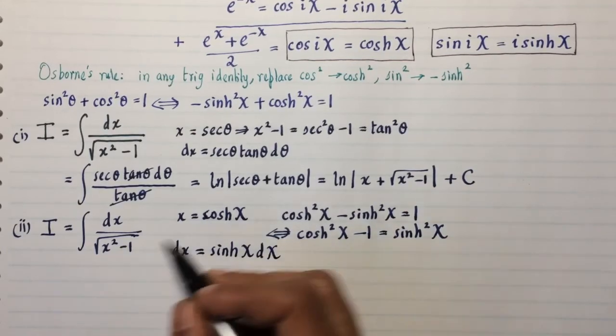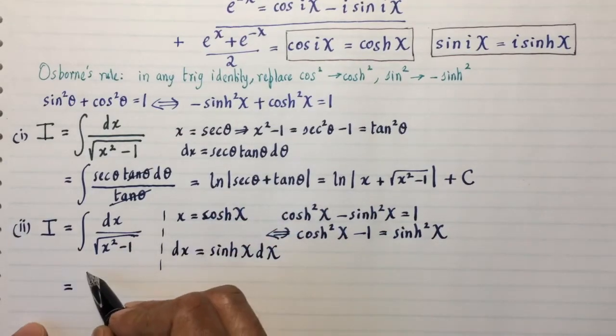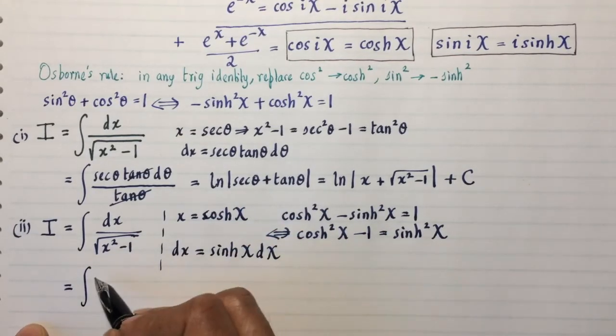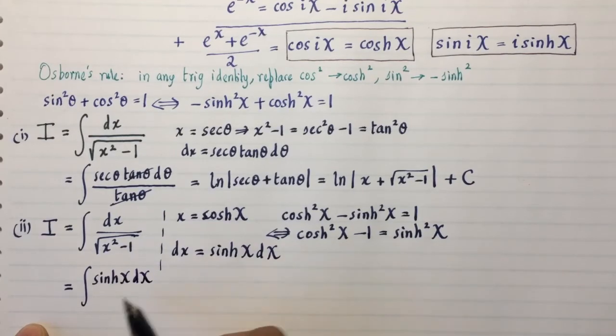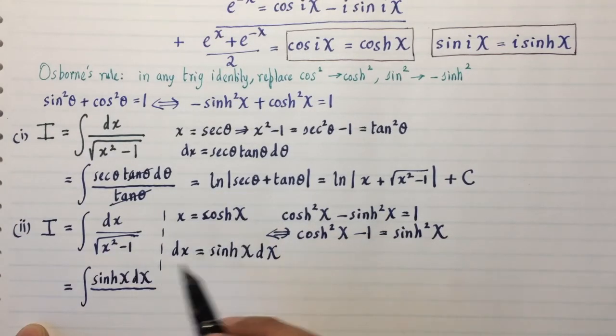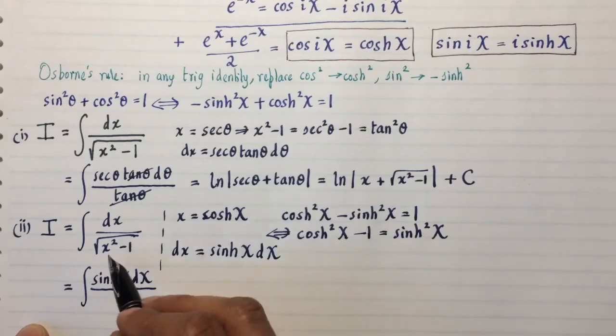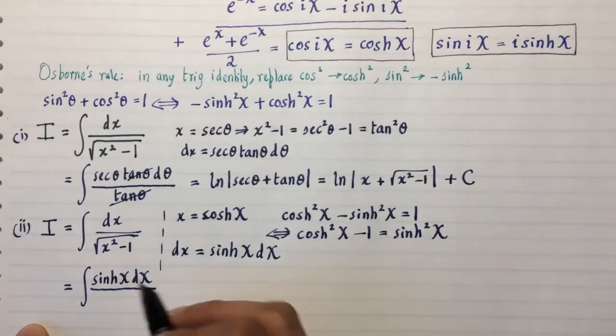What does this integral give us under these conditions? I is equal to, the numerator is just sinh chi d chi, and the denominator, if x is cosh chi, the square root of cosh squared chi minus 1 is just sinh chi again.